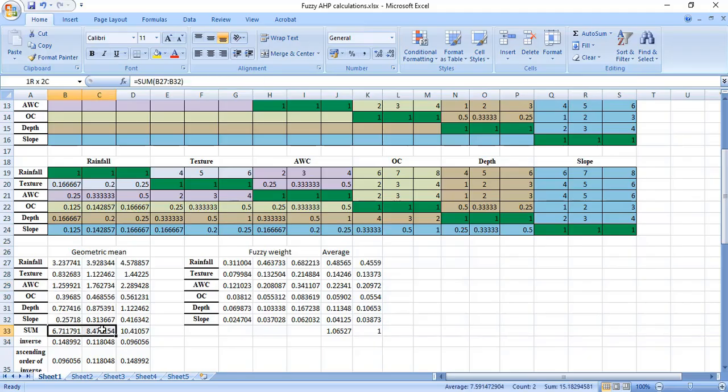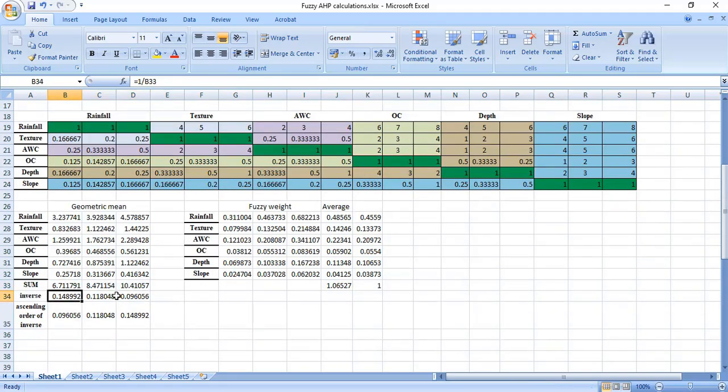Then you have to sum for each cell, get the inverse of these, arrange these inverses in ascending order, and then multiply each cell with this ascending order of the inverse of the sum of the geometric means of first cells, second cells and third cells.